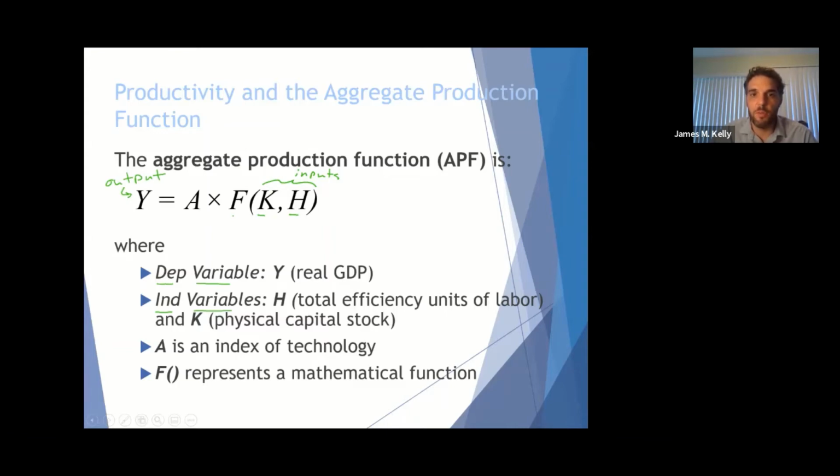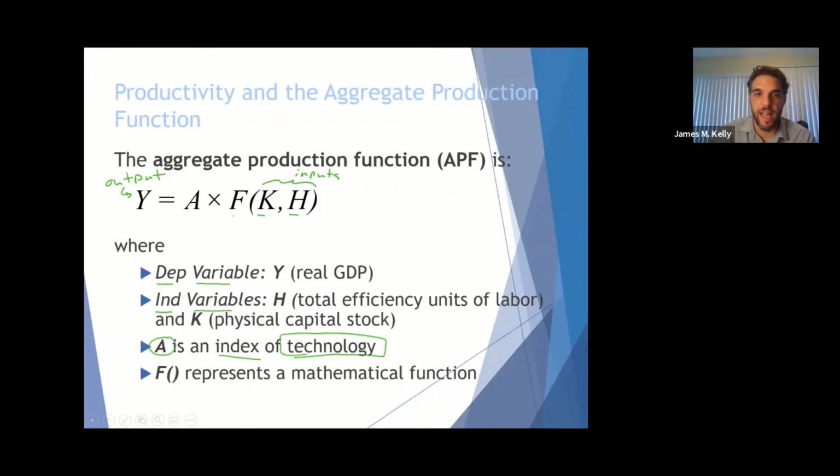Specifically, labor is going to be how efficient that labor is, the number of units of labor, how efficient they are, and how much capital stock is available in the economy. Not an independent variable, rather an index, is this A, which represents the overall level of technology in the economy.